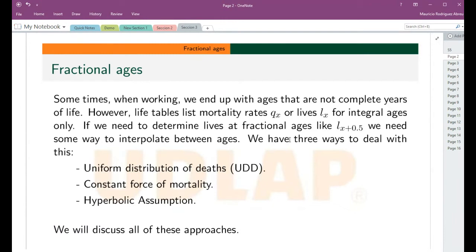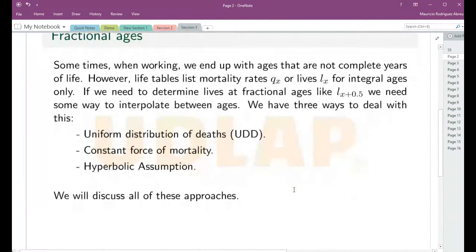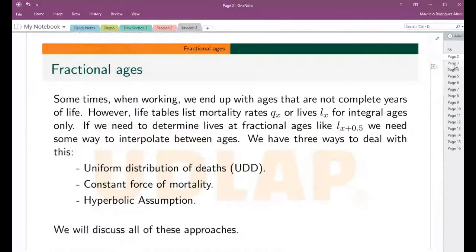And there's also the hyperbolic assumption, which is just assuming that everything behaves with a different shape. We're going to discuss all these approaches, but the first and the second are the ones I personally like the most, and I think they are really straightforward to understand.